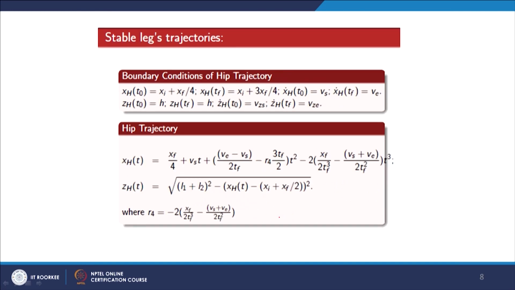Similarly, for the stable leg it is the circular path, the hip is moving in a circular path, and the ankle is the center of the circle.